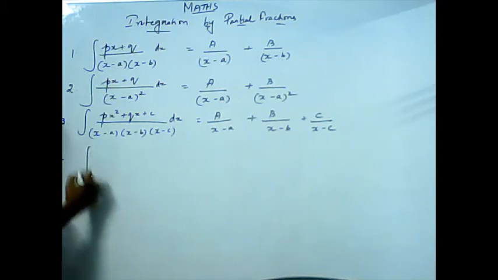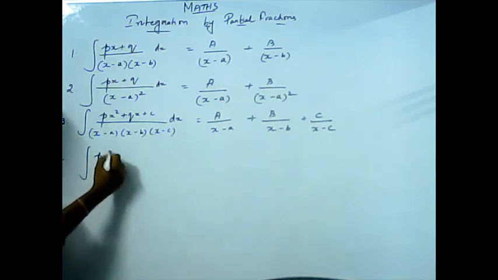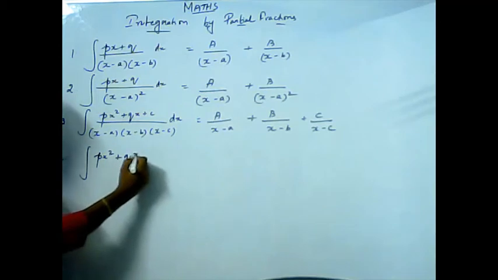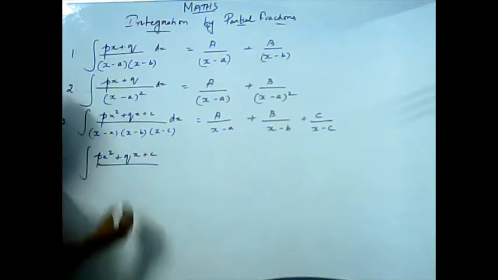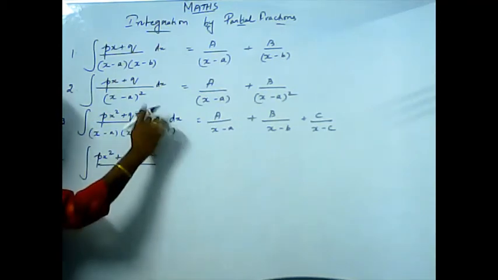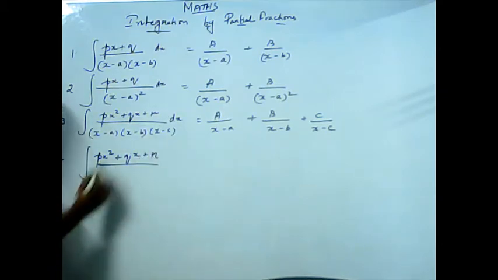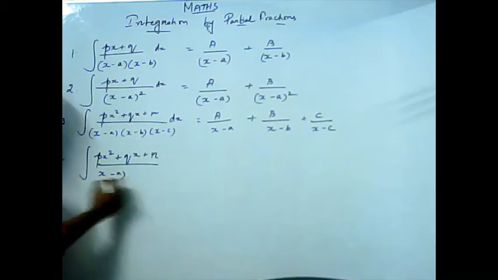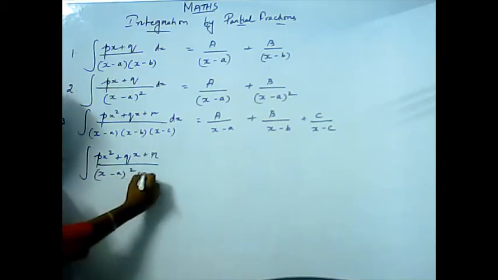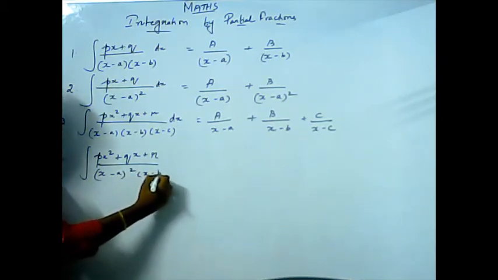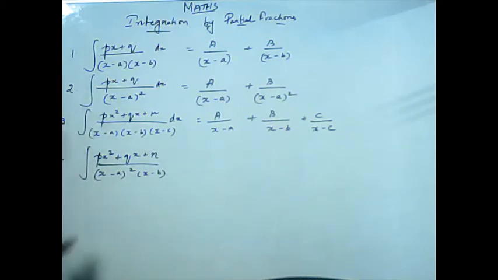Then the fourth form: the integral of the form (px² + qx + r) / ((x - a)²(x - b)).